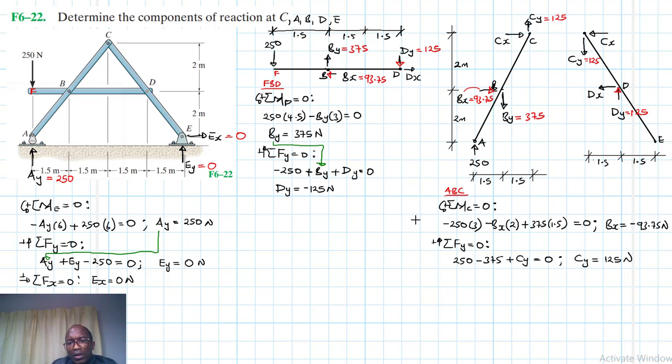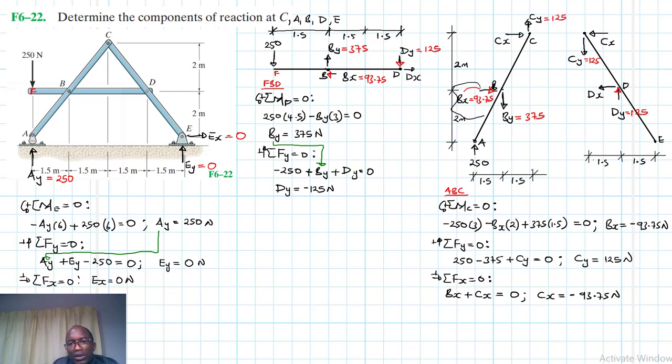Okay, what else? Then finally we have summation of forces in the x equal to 0, going this direction being our reference. What we have, I've already changed the direction there. We have Bx plus Cx equal to 0, and therefore our Cx is just going to be equal to Bx, which is equal to negative 93.75.